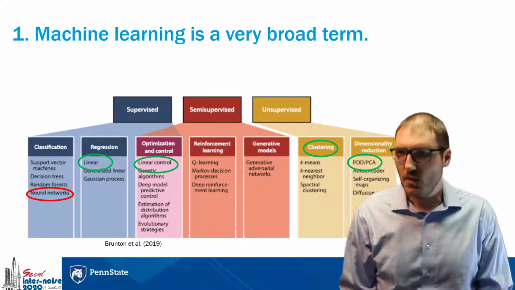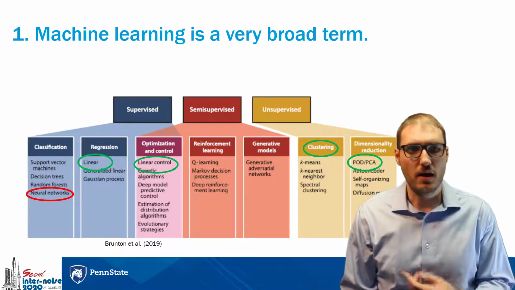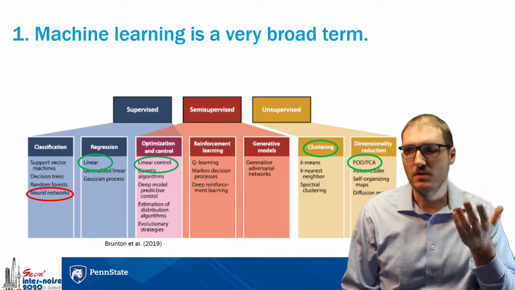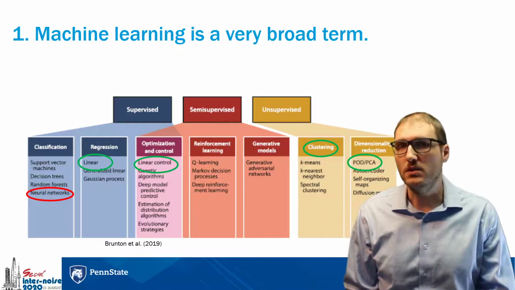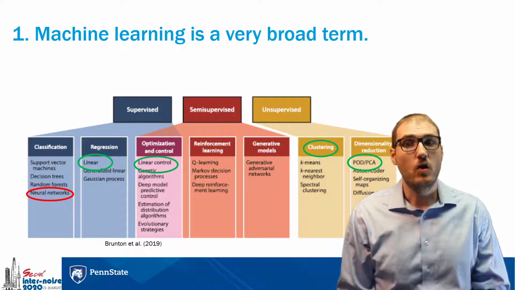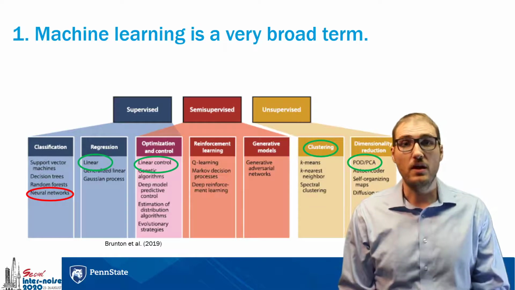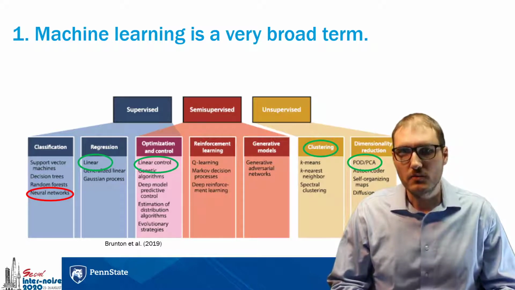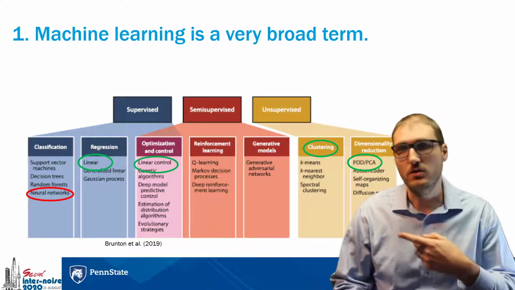And then all the way on the other side is something like k-means clustering or proper orthogonal decomposition, unsupervised things. So there's a lot of overlap between machine learning and statistics and just general data analysis techniques. A lot of times people say machine learning when they should be saying neural networks, artificial neural networks.